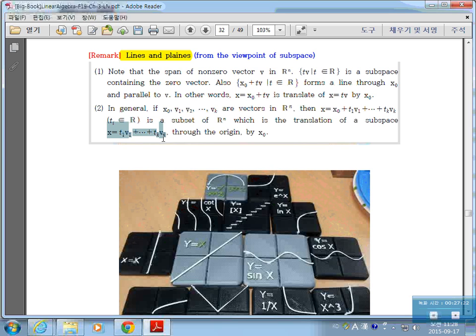This is a kind of plane which is spanned by the set of vectors v1 up to vk. So this is a subspace. Then the set of these vectors is a translation of this subspace. Okay.